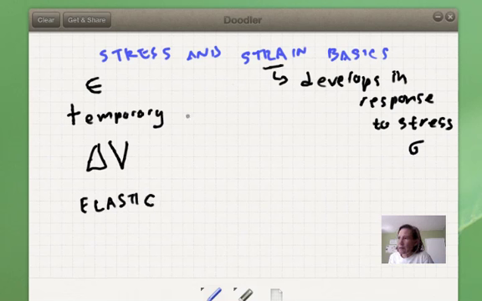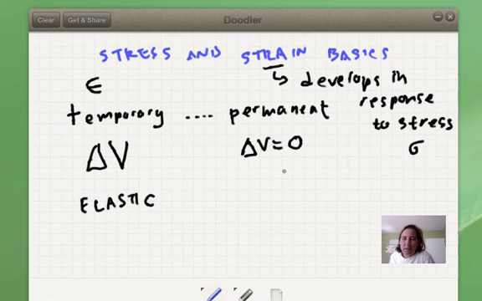Now another type of strain, which is not temporary but which is permanent, does not result in a change in volume, but it results in a change in shape. So you have the change of volume equals 0, and essentially what is happening in this type of permanent deformation is that you're getting what's called plastic strain, and plastic strain doesn't recover to the original shape.